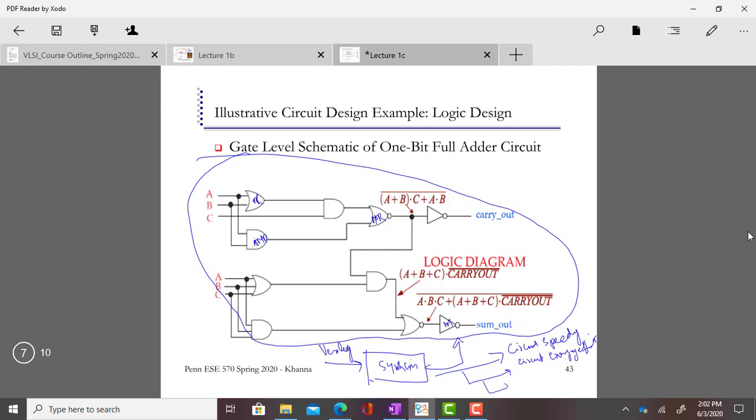I want a circuit that has smaller area. The synthesizer can try to give you a circuit which respects your needs.